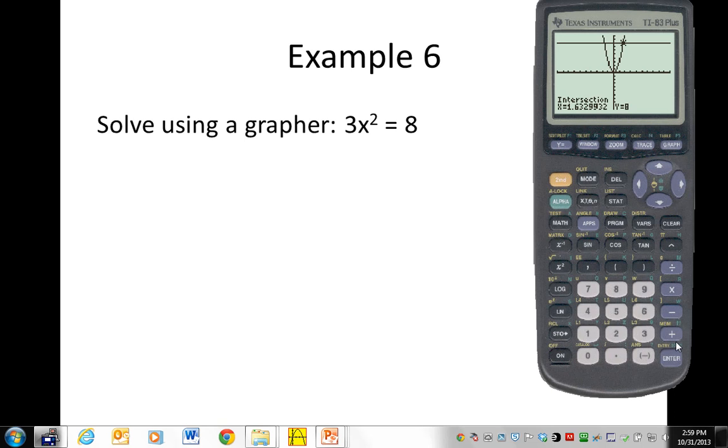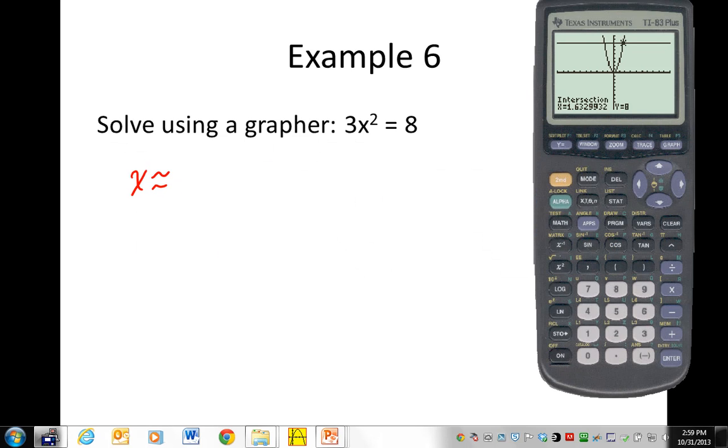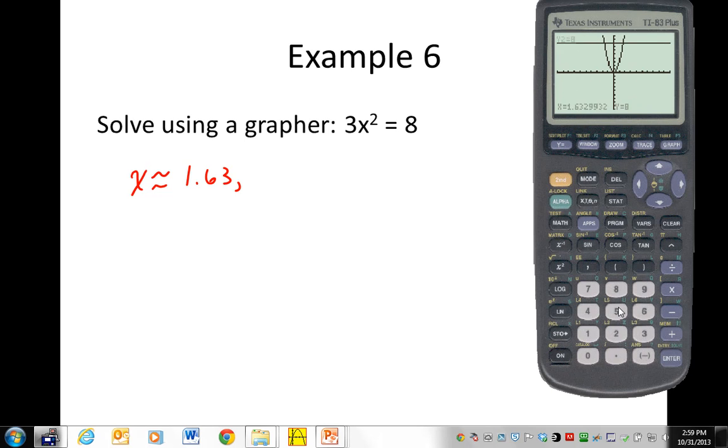Now yours may have found the other one. I'll get one of them though at x equals about 1.63, we'll say. But I can see I've got another one. So second trace, 5, enter, enter, but this time I've got to scroll over just so long as I'm closer to that one and press enter.